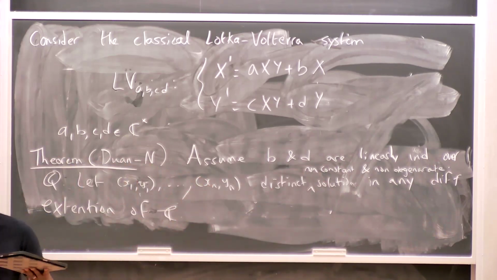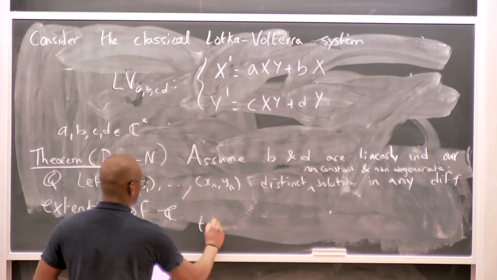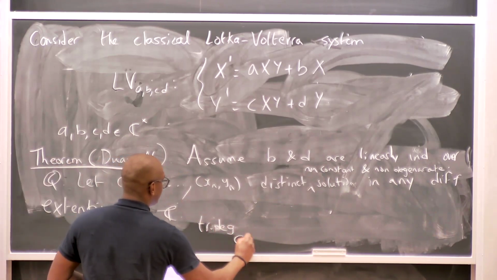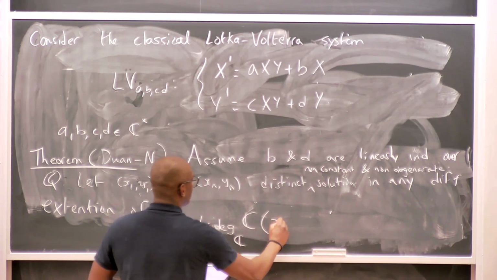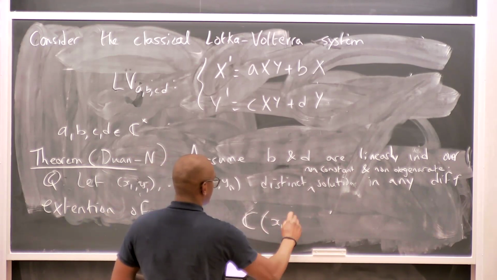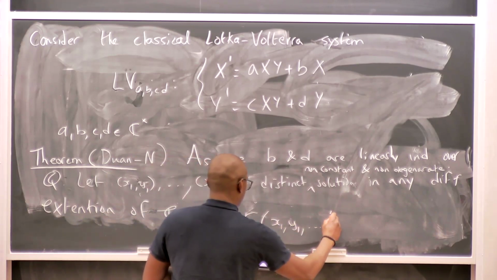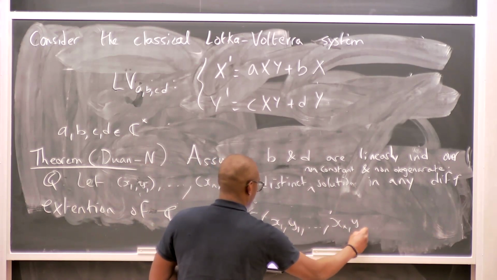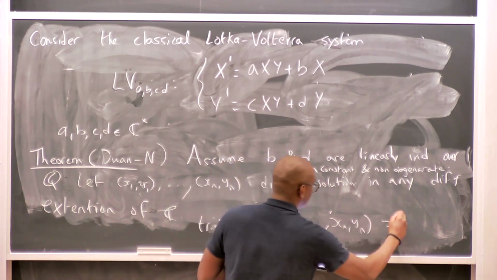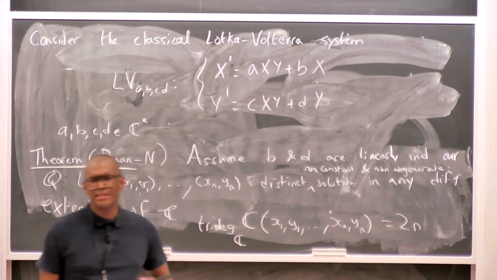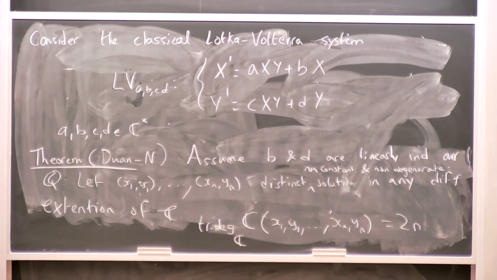Then the solutions are algebraically independent over C. So the transcendence degree over C of C with all solutions is exactly 2n. What this is saying is that there are actually no algebraic relations at all, okay?